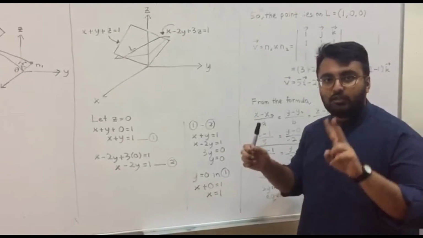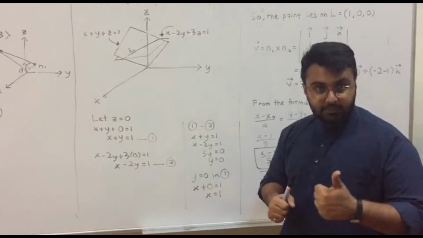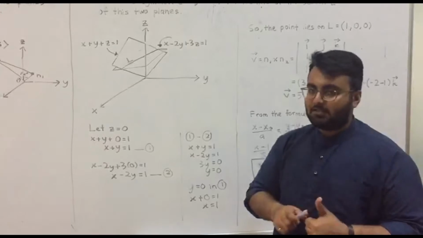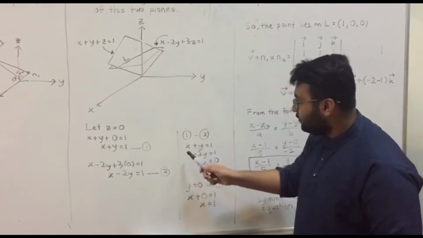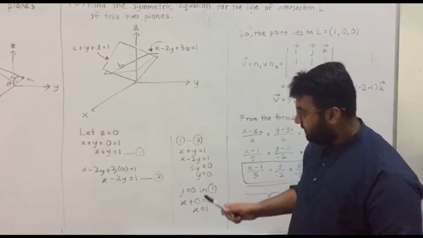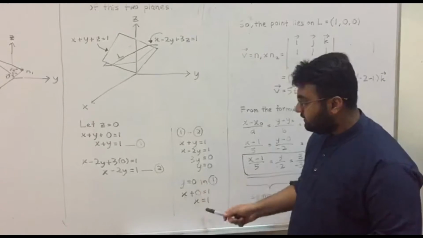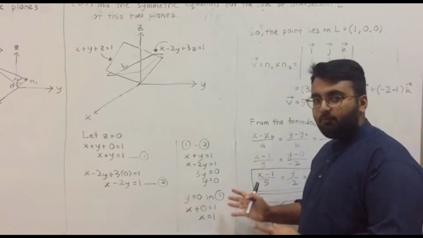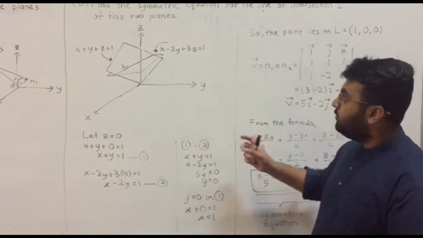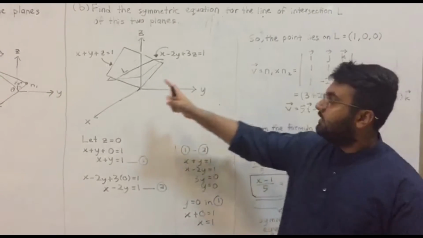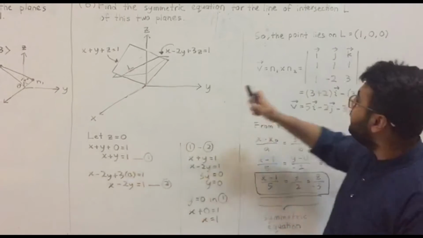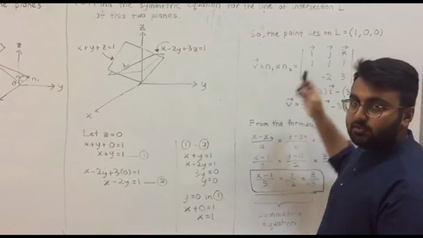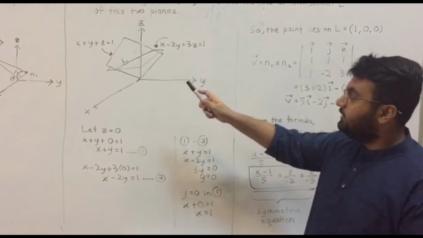With two unknowns, we can do a simultaneous equation like normal, and we get the values of y and x. So the point that lies on the intersection L is 1, 0, 0.